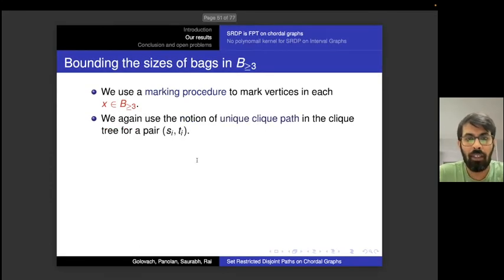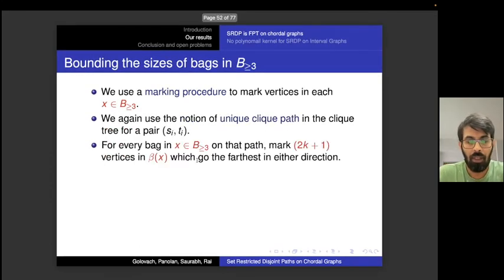And now we mark some vertices in this bag. So we use the clique path, and this bag is occurring in between s_i and t_i. So we mark 2k plus 1 vertices which go the farthest towards s_i, and we mark 2k plus 1 vertices which go farthest towards t_i.